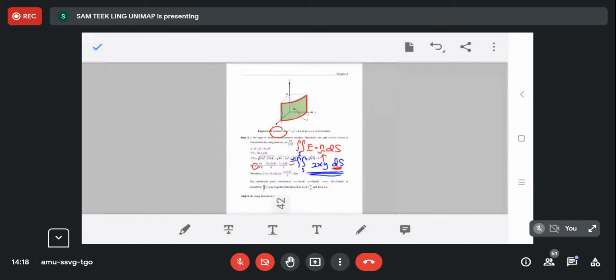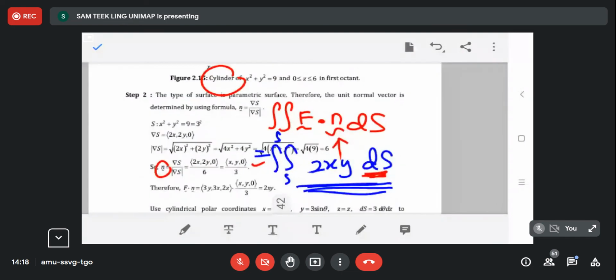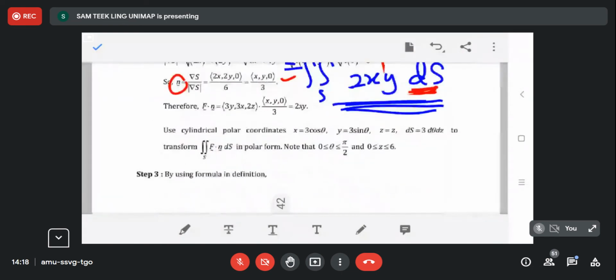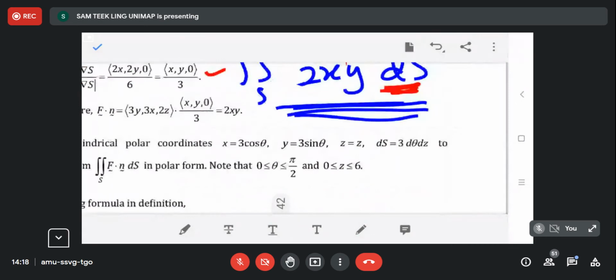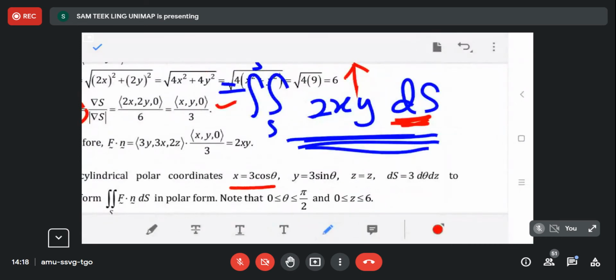So now we apply x equals r cos theta, y equals r sine theta, z equals z, dS. This one is the polar coordinate for the cylinder.